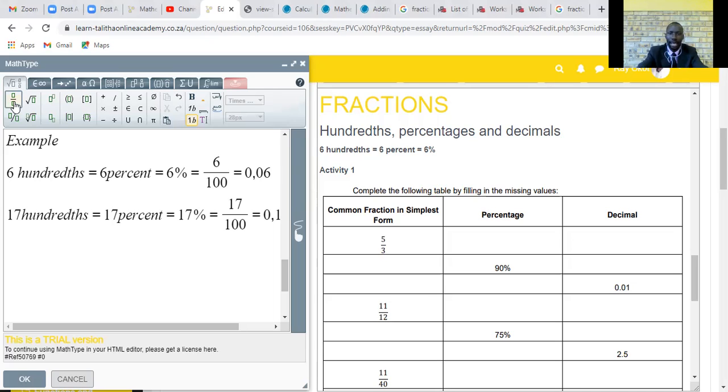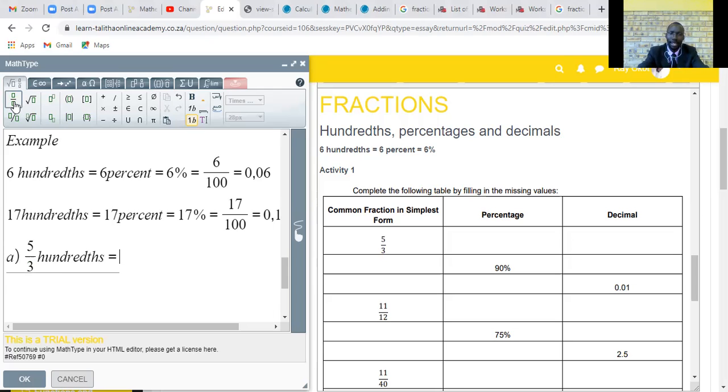Now, what if we are given 5/3, like in this activity? Let's call this activity A. Now in activity 1, part A, what do we have? Well, we have been given 5/3. We could still call this 5/3 hundredths. And so how do we write this?